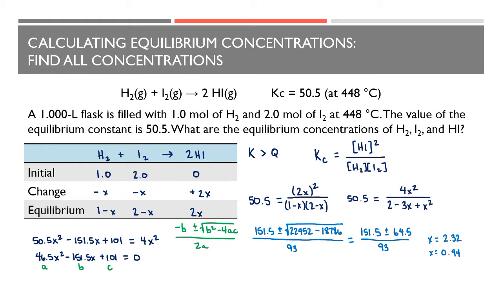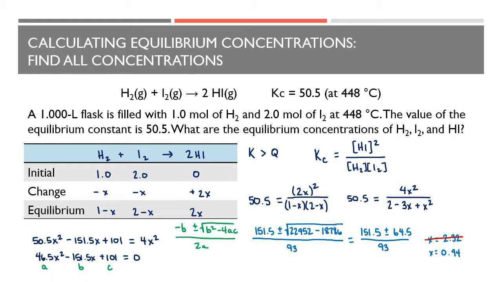Well, now we have to stop using some math and start using some chemistry. If I take the first x, 2.32, and put it back into the equilibrium unknowns, I get negative equilibrium concentrations. You cannot have a negative equilibrium concentration. So I can remove this as an option for my x. Now my x that remains is 0.94.